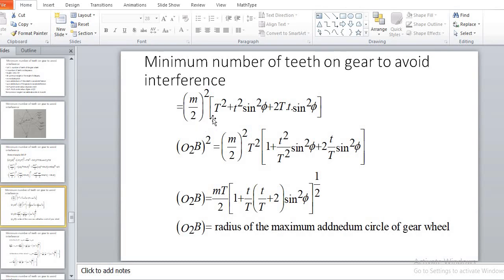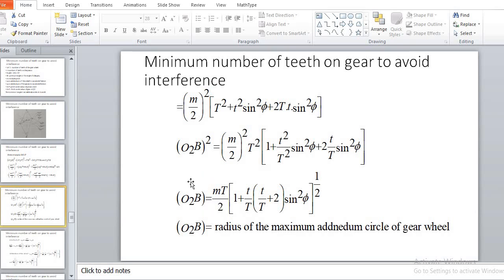Now take t square common. Inside the bracket: 1 plus t square by t square sin square phi plus 2t by t sin square phi, since one t cancels with one t in t square and only one t remains in the denominator.